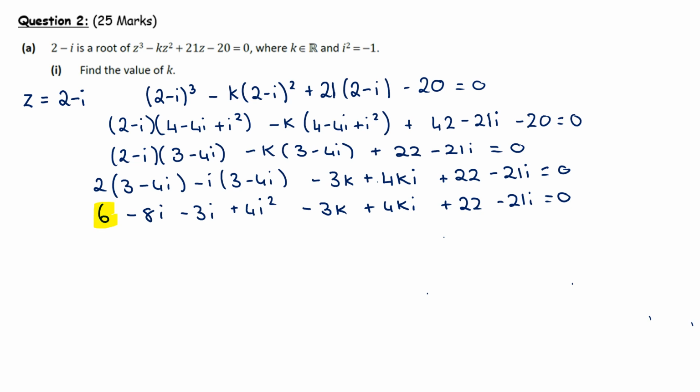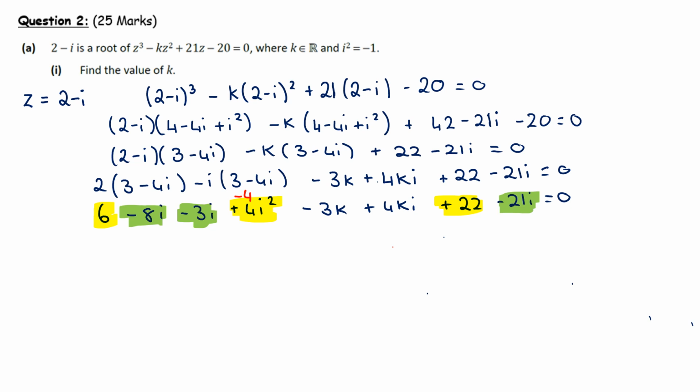So I have 6, and I'm going to add this because that is actually minus 4 when I sub in the i squared. And I have a 22 here to add to it. And then for the imaginary numbers, I have minus 8i, minus 3i, minus 21i. I'm ignoring the terms that have k's in them, and I've done that on purpose.